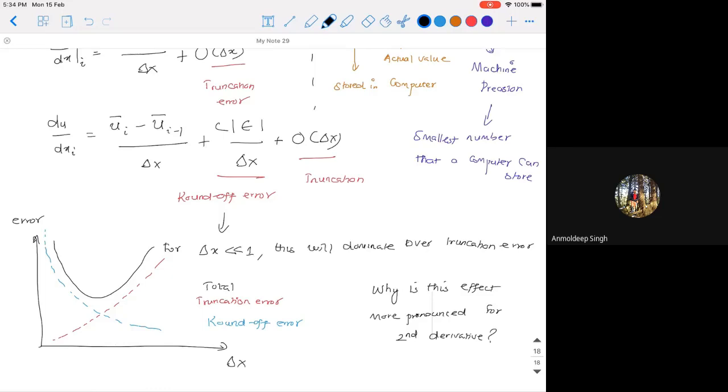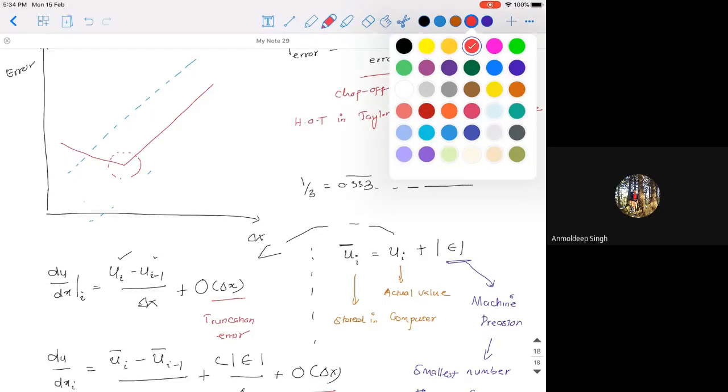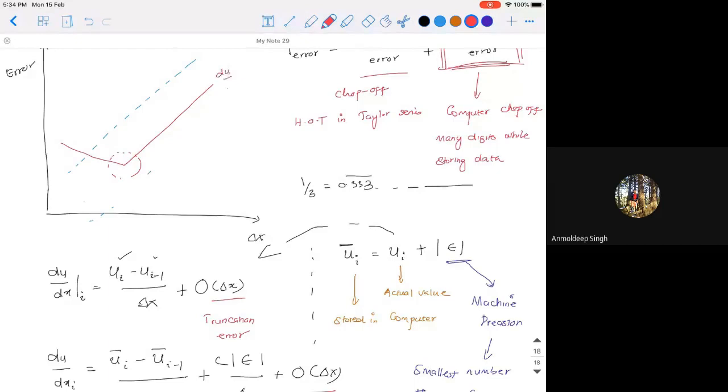For example, let's say this is the first derivative; the second derivative will go much earlier.